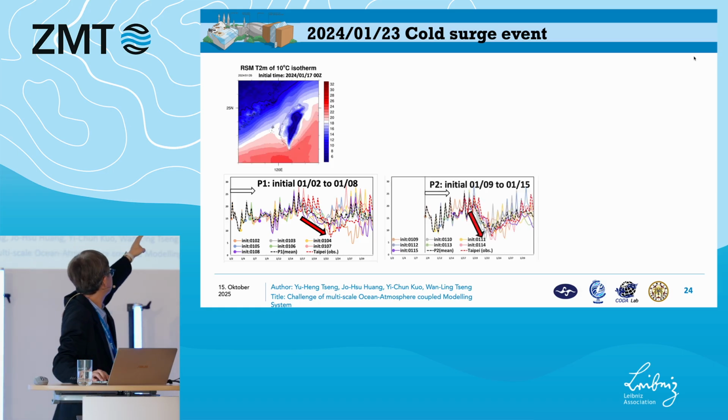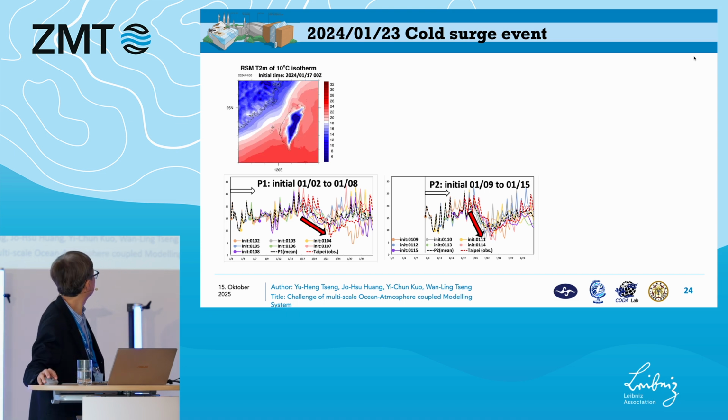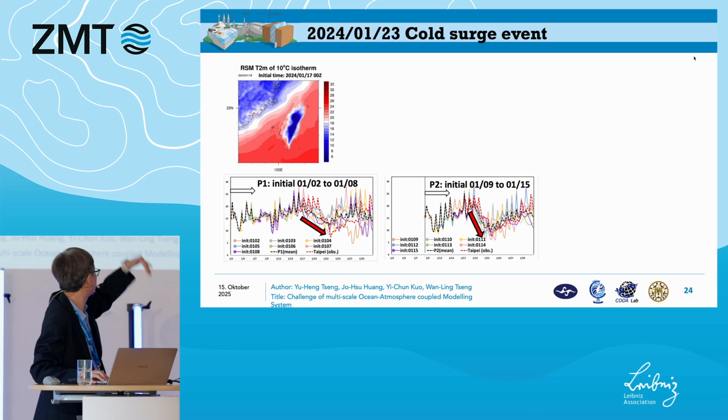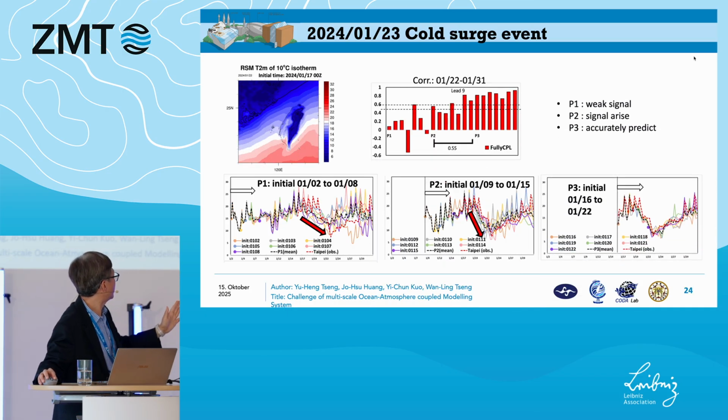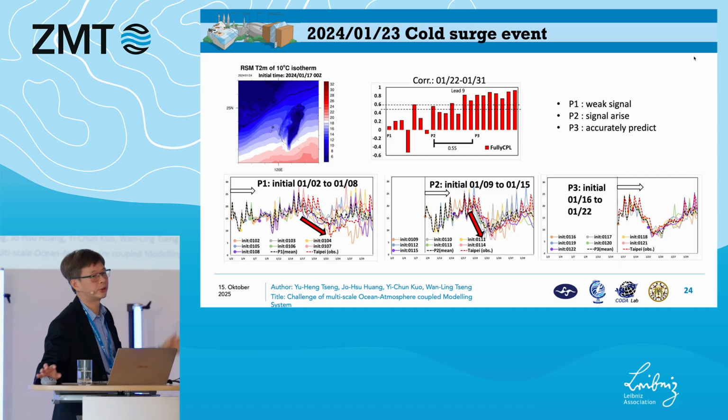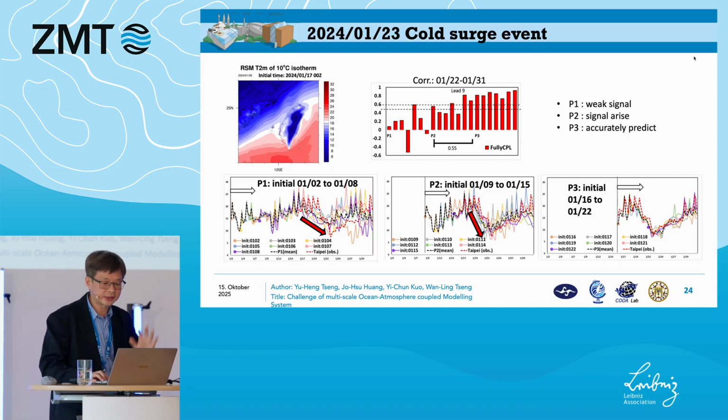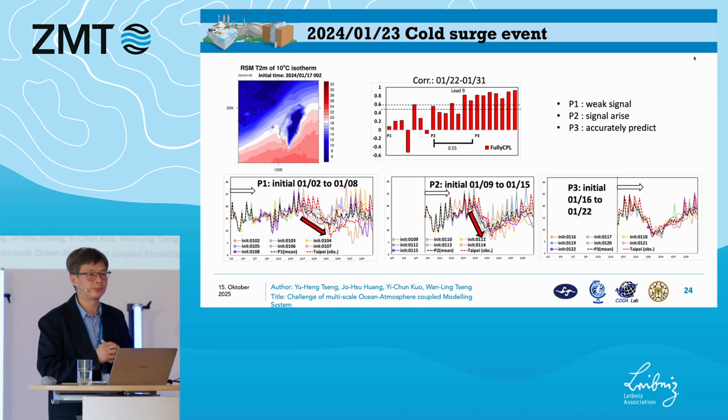But around 2 weeks before, we can really see this kind of change. All of the predictions can see this change significantly well. And even 1 week ahead, we can predict this cold event pretty well. So this is a very important part.